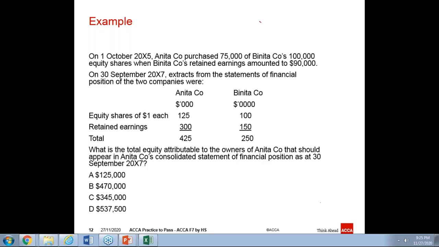So there's an incremental post-acquisition profit of 60,000, for which we have to take 75% share. So 60,000 into 75% will become 45. And when we add this 45 to 325, we get the value of 470. So this is how we have calculated the amount of 470. I think it's clear.